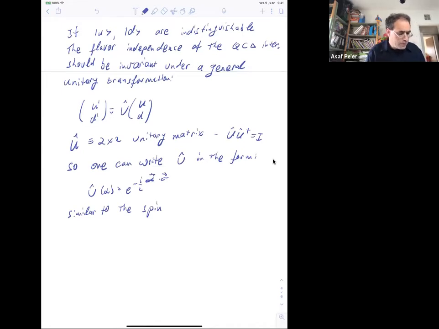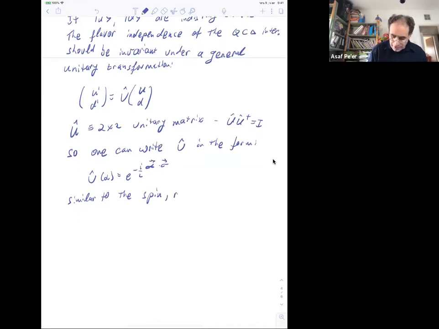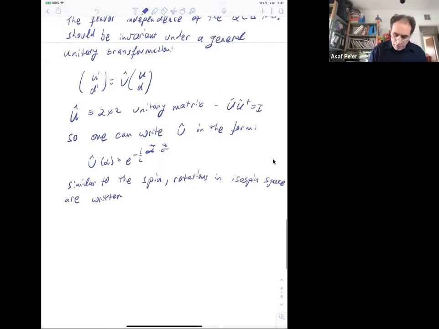Rotations in isospin space are written in terms of Pauli matrices.